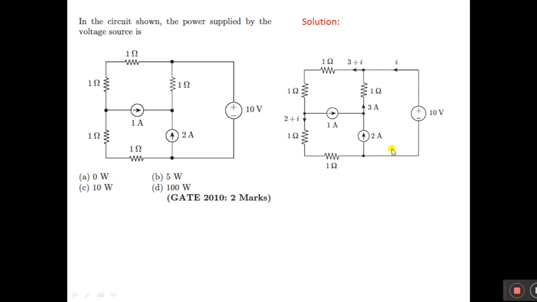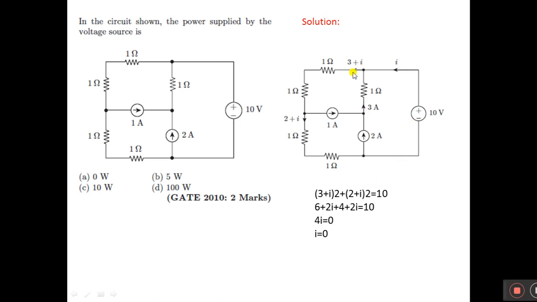If we write a loop equation for this outer loop only, right? Loop equation for this outer loop. So we can write it as 3 plus I into 1 plus 1, 2 ohm, because both are in series. So 3 plus I into 2, plus these two resistors are in series, so 2 plus I into 2, that is equal to 10.